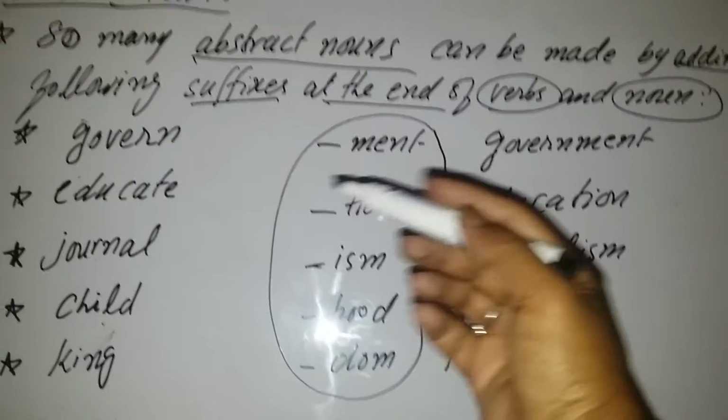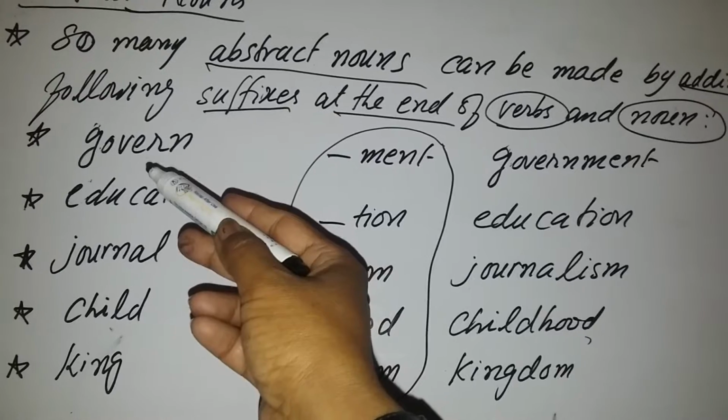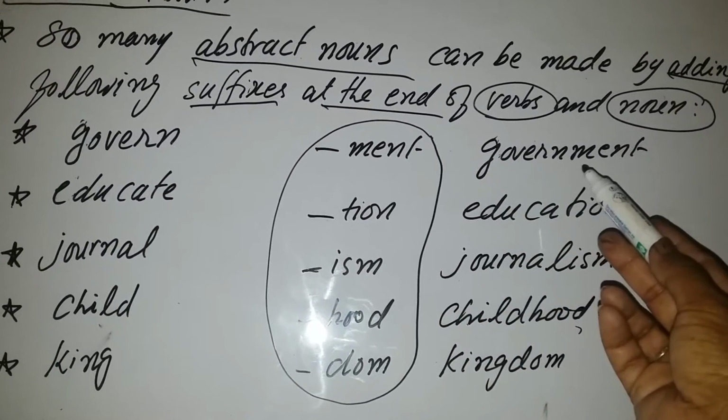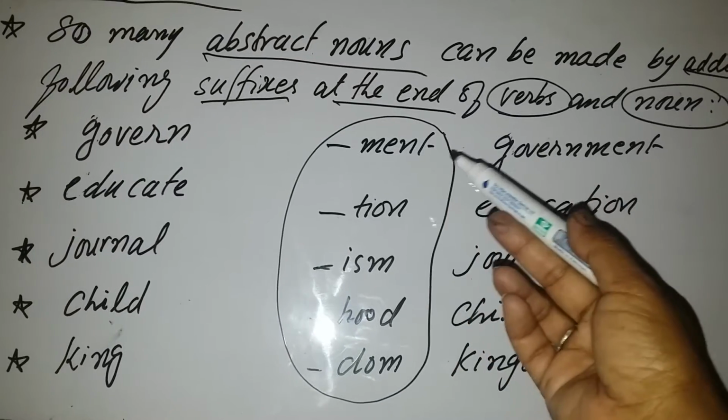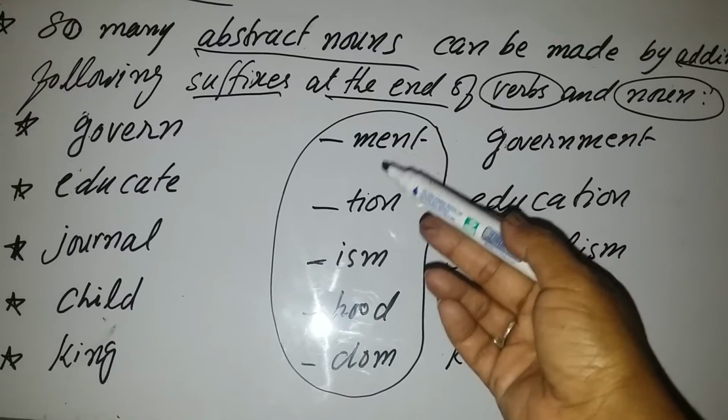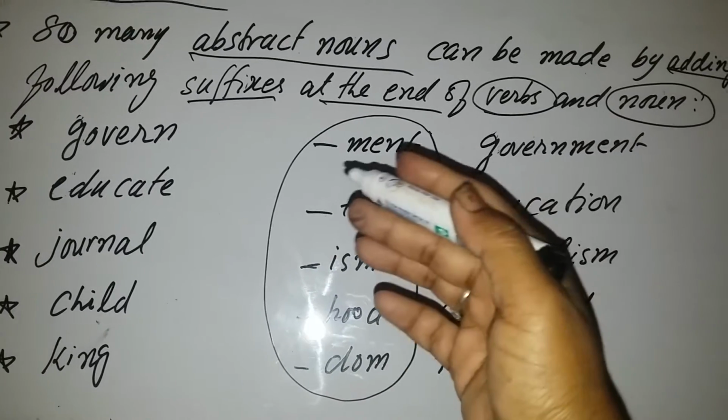For example, govern is a verb, and we put ment after it and it is converted into government. Similarly, different words which end with ment will be called abstract nouns, for example management, engagement.